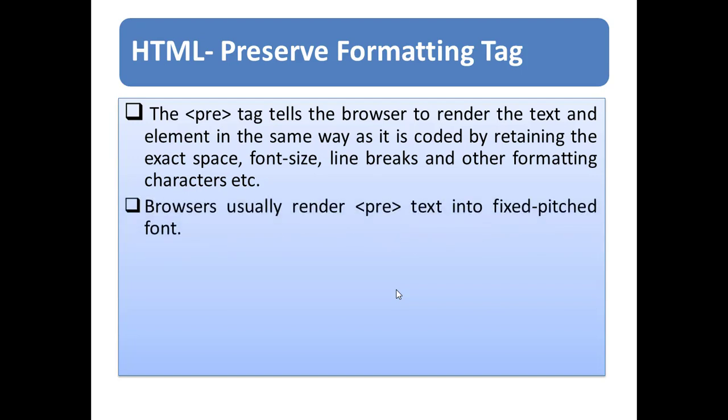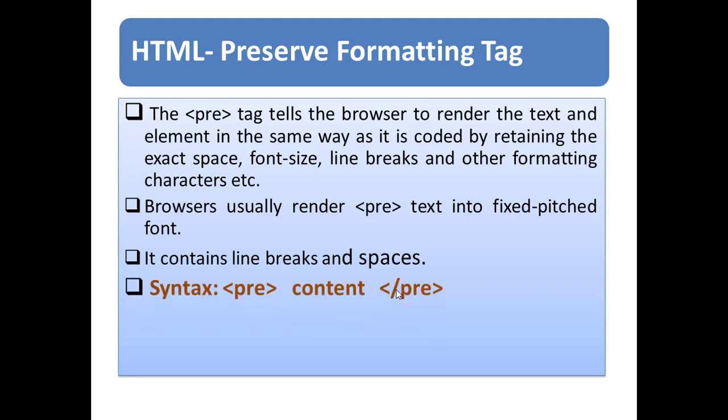Browsers usually render pre-text in fixed pitch format. It contains the line break and spaces. The syntax of pre-tag is opening and closing pre-tag, and content goes between the opening and closing tag.